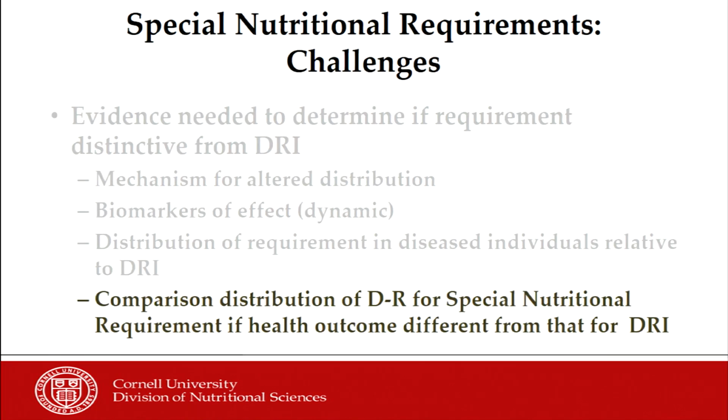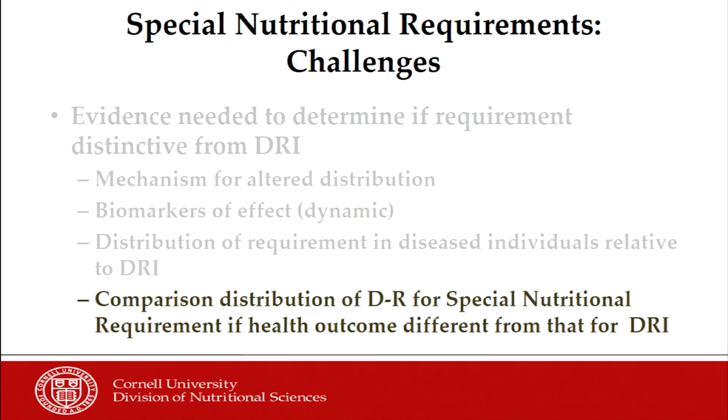An additional challenge here is, how do you compare the distribution of a dose response for a special nutritional requirement if the health outcome for that diseased population is different from that for the generally healthy population? I have no answer to that, and I'm looking forward to the discussion through this workshop for some better understanding of that.